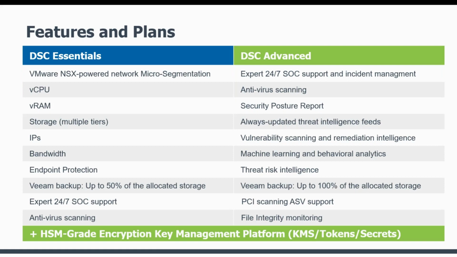In a nutshell, this is what you get: antivirus scanning, security posture reports, threat risk intelligence, and 50% of the data backed up with the DSC Essentials. We're protecting 100% of the data with the DSC Advanced. And recently, we also introduced an HSM-grade encryption key management platform through our partnership with Fortanix.